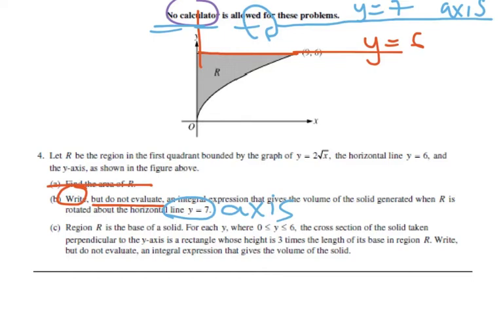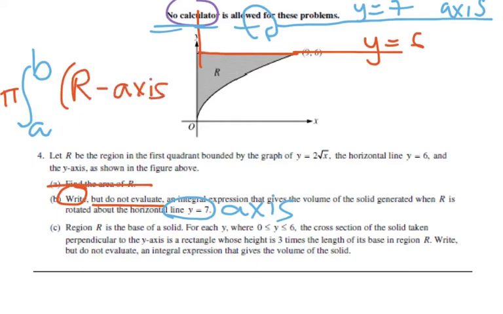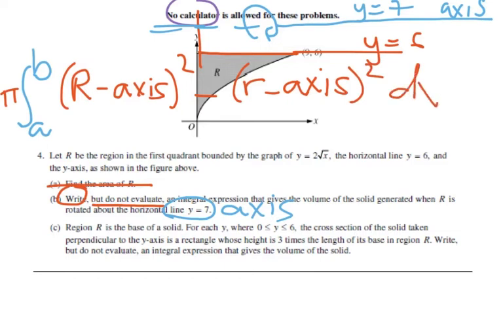If you remember, I gave you a general function before, with the x values from a to b. So this would be pi, integral of big R minus the axis, squared, minus little r minus the axis, squared, dx.